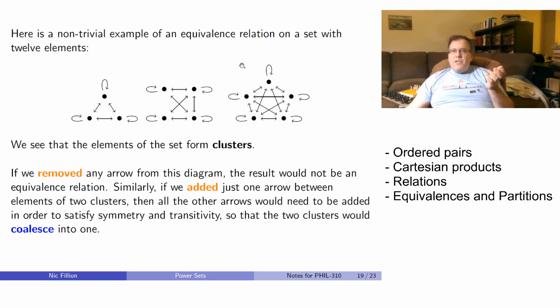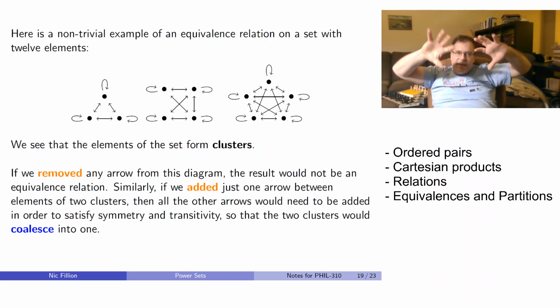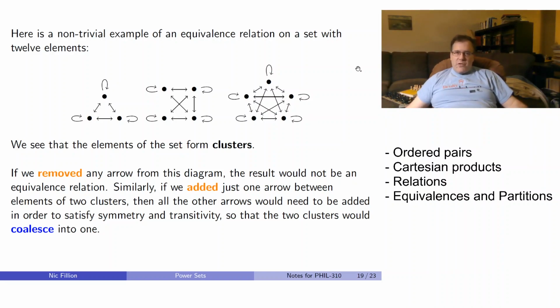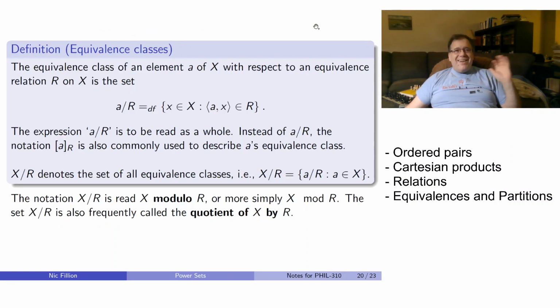But then you're going to need to start to add more arrows to keep transitivity. And in fact, you're going to add so many arrows that those two clusters here are going to coalesce together. Okay? So that's really cool because those equivalence relations take a set and form a bunch of clusters out of them. Now, there's a technical term for those clusters, and that's an equivalence class.